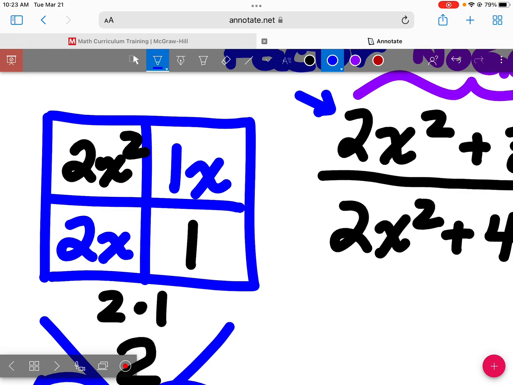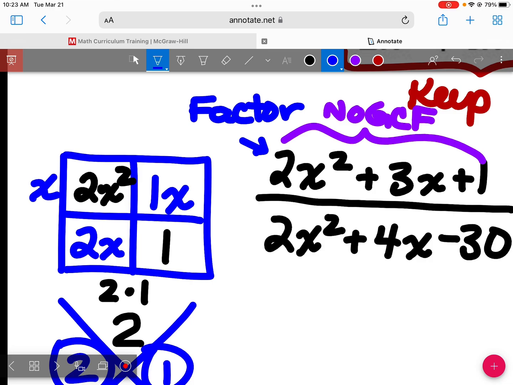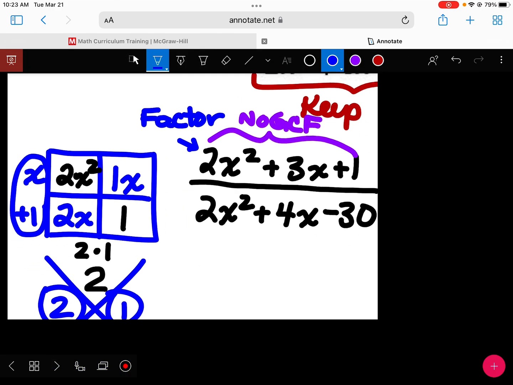Let's do our rows first. 2x squared and 1x. What do they have in common? Just an x. What about 2x and 1? What do they have in common? Just a 1. So x plus 1 is one of the factors of that numerator.